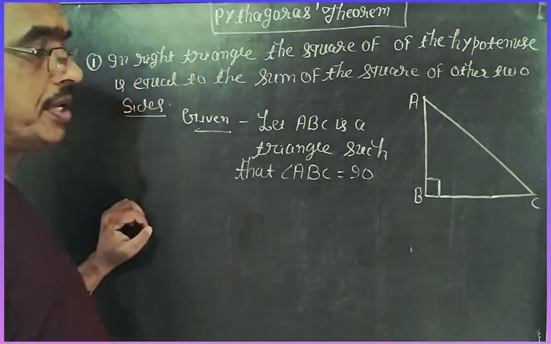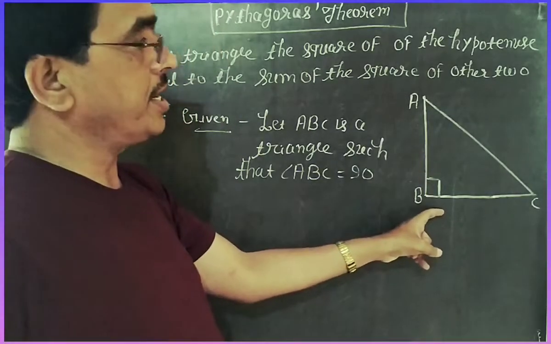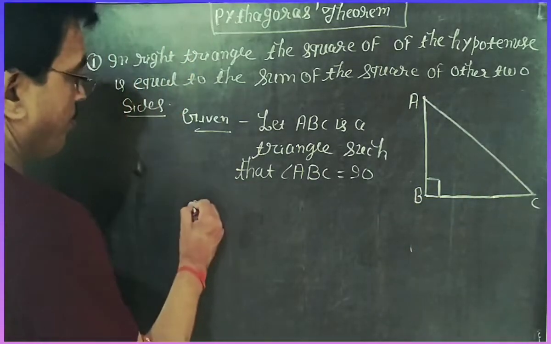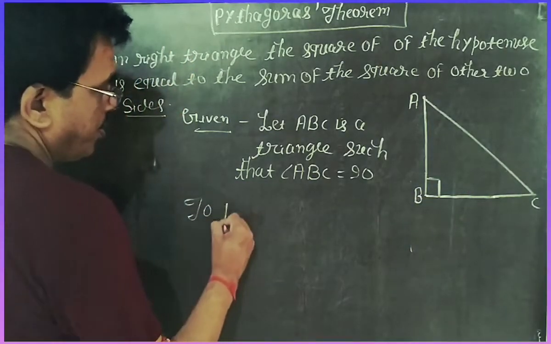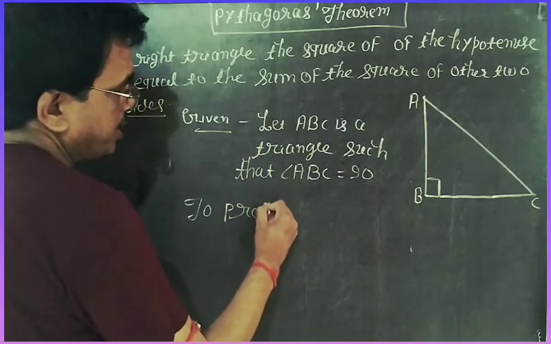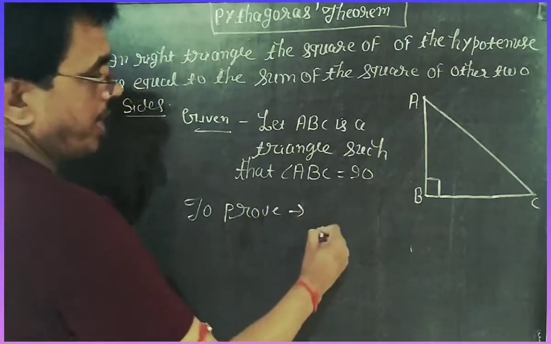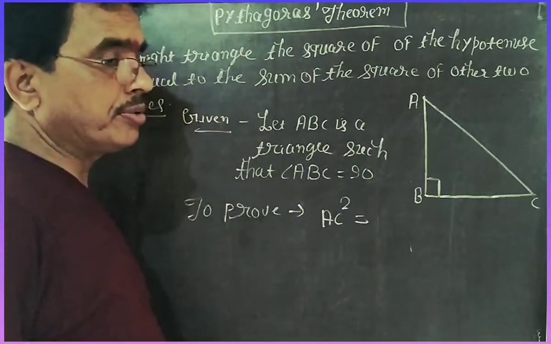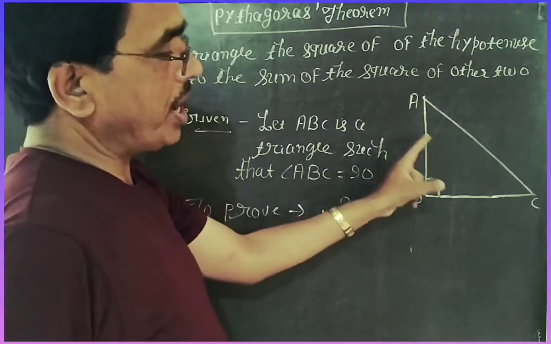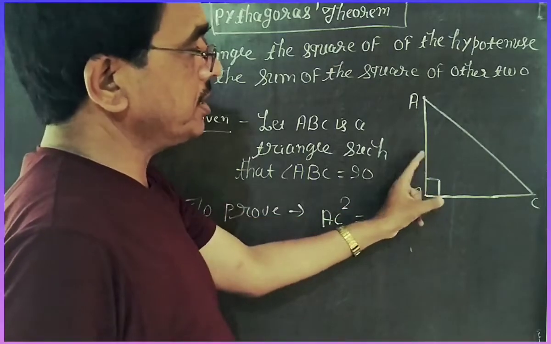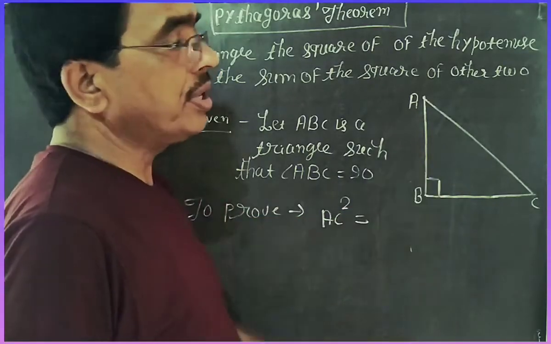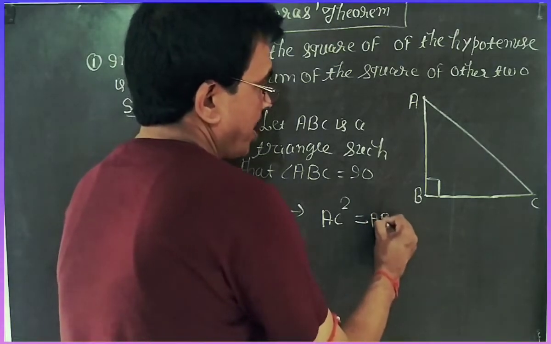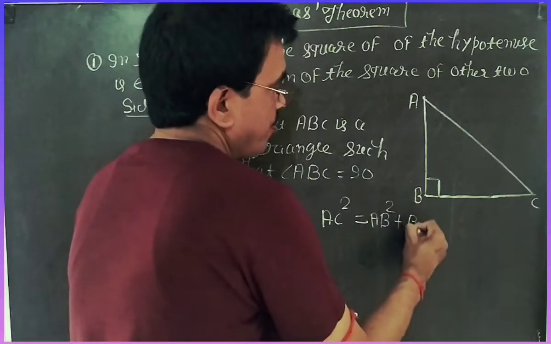It is given. If angle ABC is 90, then it is clear AC is the hypotenuse. So, to prove: your question is the square of the hypotenuse, that is AC square, is equal to the sum of the square of other two sides. Other two sides are this. These are also called the legs of the right angle triangle. So we write here AB square plus BC square.